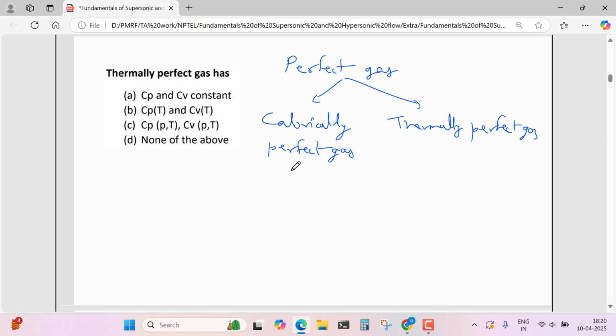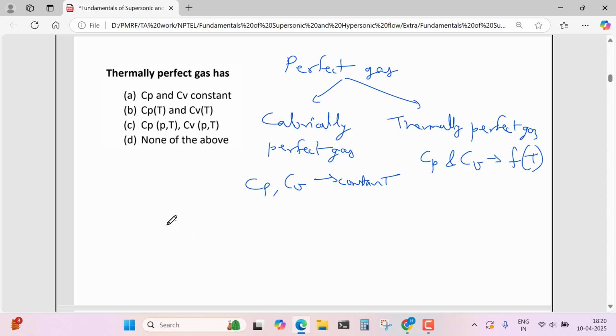For calorically perfect gas, the Cp and Cv are constant, and for thermally perfect gas, Cp and Cv are function of temperature.